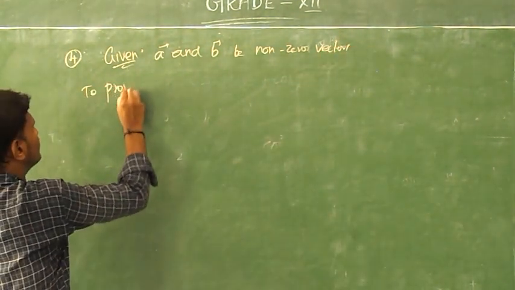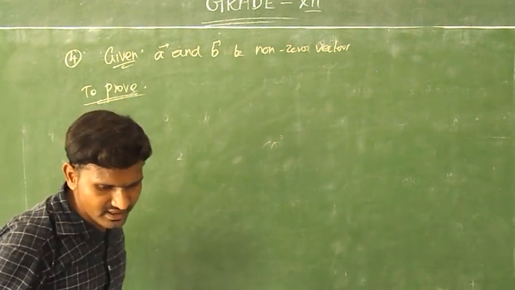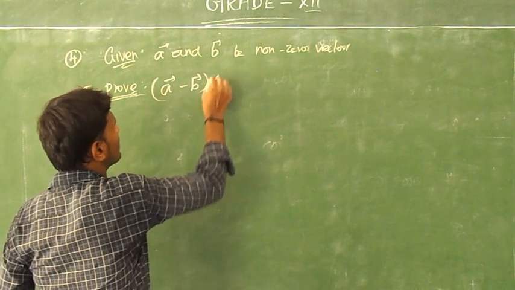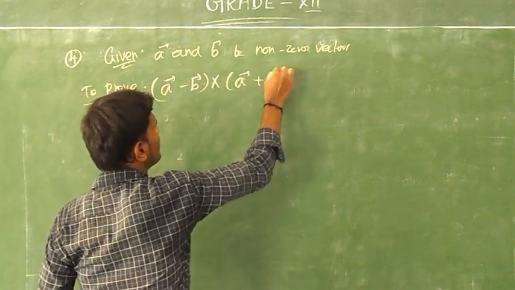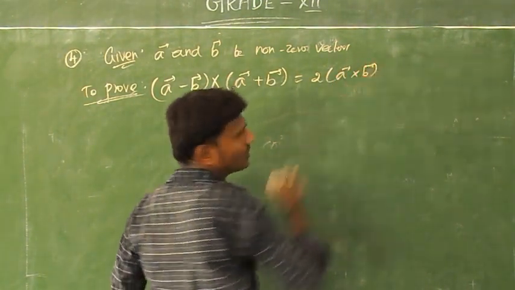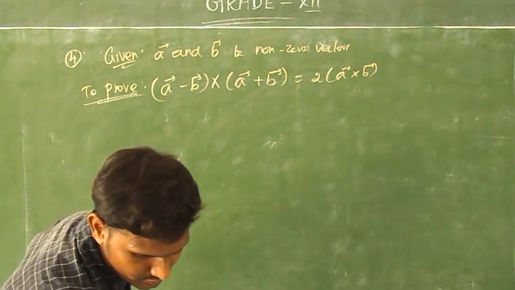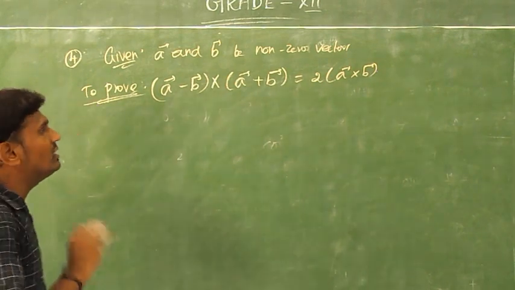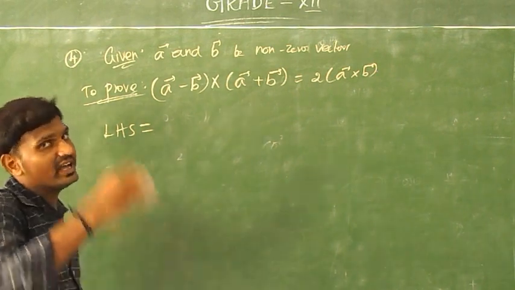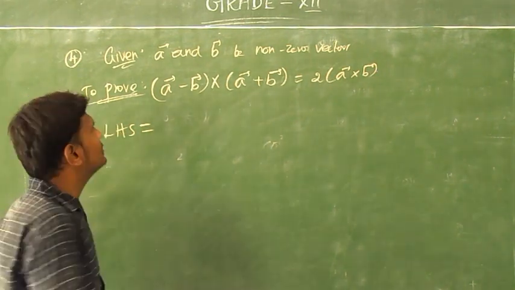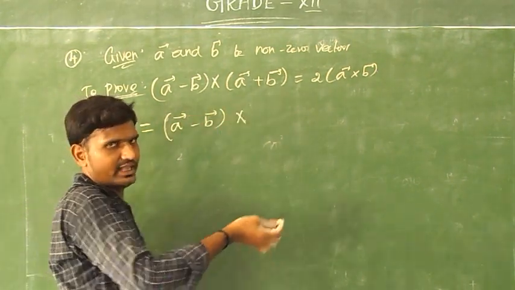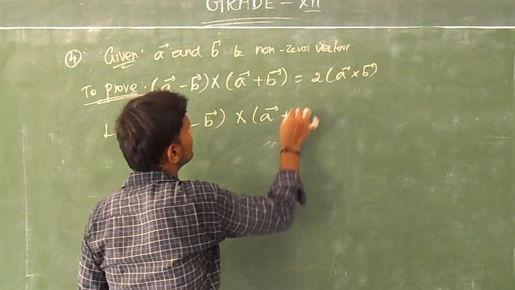To prove: a vector minus b vector cross product a vector plus b vector is equal to 2 into a vector cross b vector. This one we are going to prove. Okay students, now listen. First take the left side and prove the right side. What is on your left side? That is a vector minus b vector cross another a vector plus b vector.